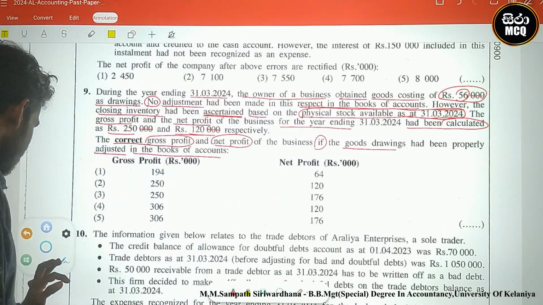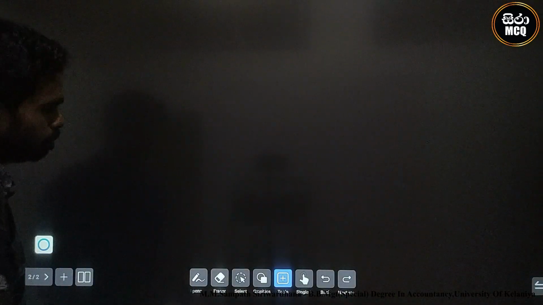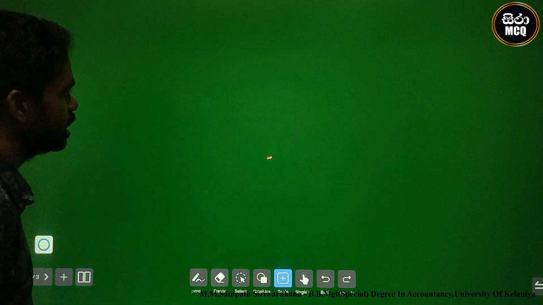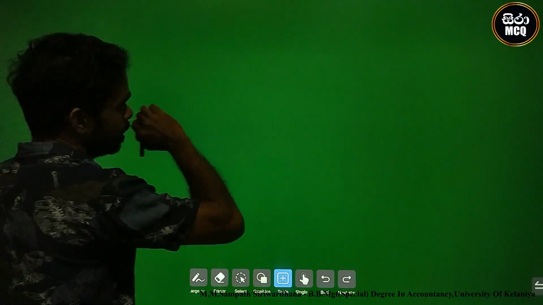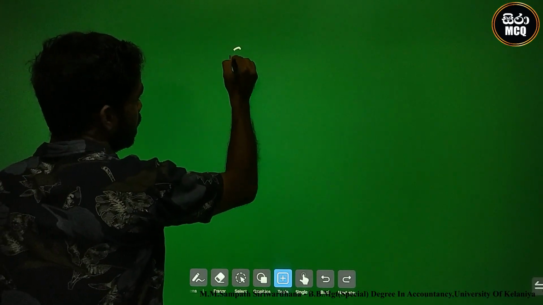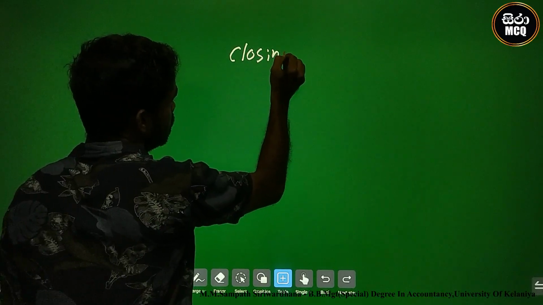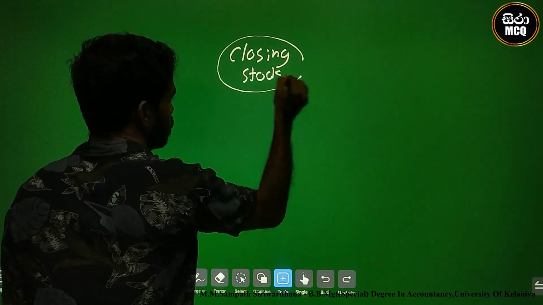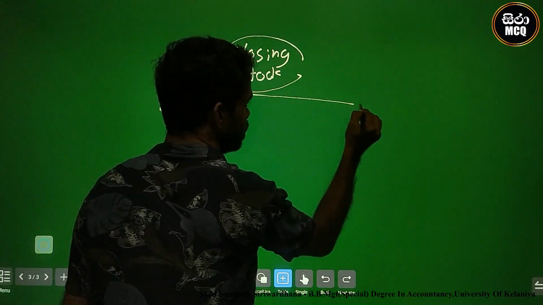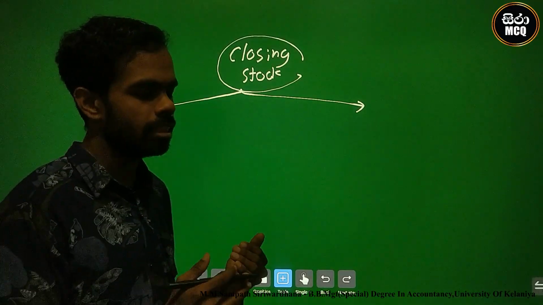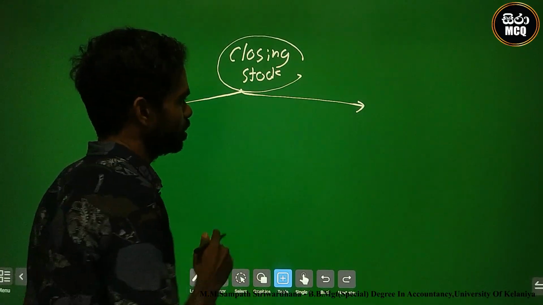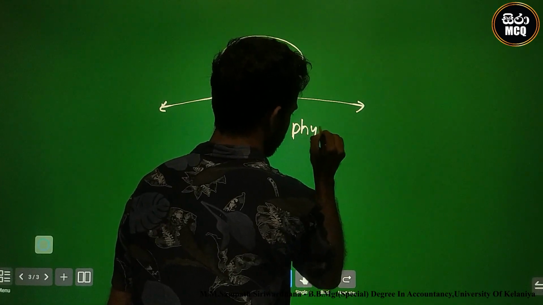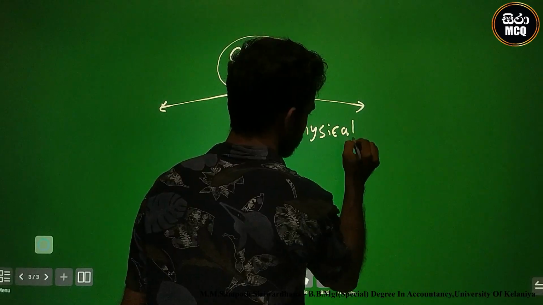In that case, I explain to you what is the impact to this one. In that case, I prepare another one. Look here, there is a closing stock. Some questions reveal that there is a physical stock. Look here, physical closing stock.